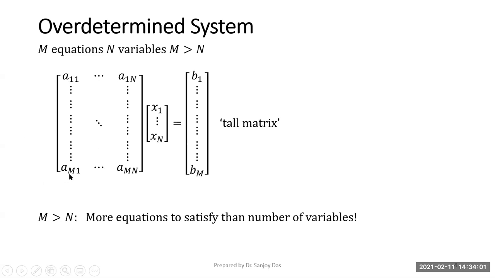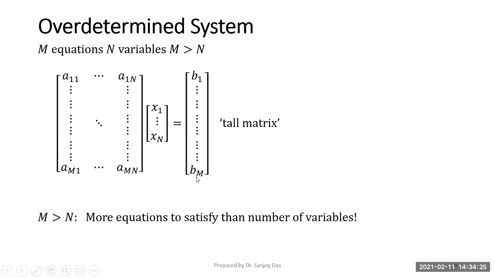Here, in this matrix, the number of rows is m, so the number of rows is more than the number of columns. And such a matrix we will refer to as a tall matrix. So we have fewer scalar variables, x1 through xn, but more equations to satisfy.